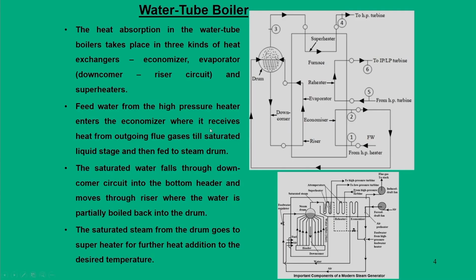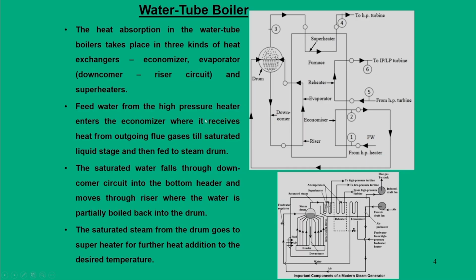Heat addition takes place in heat exchanger units like the economizer, which is the first basic heat exchanger that supplies water to the steam drum. The downcomer and riser circuit gives the saturated steam. The superheater gives the superheated steam, and the reheater uses the bypass from the turbine and reheats it again in the same steam generation unit.